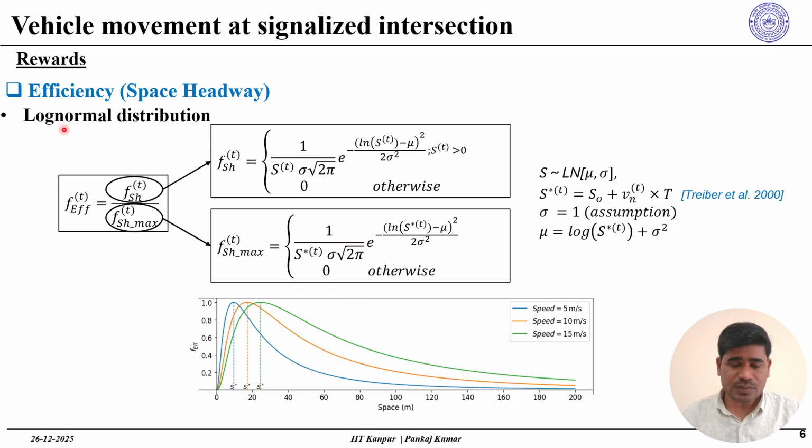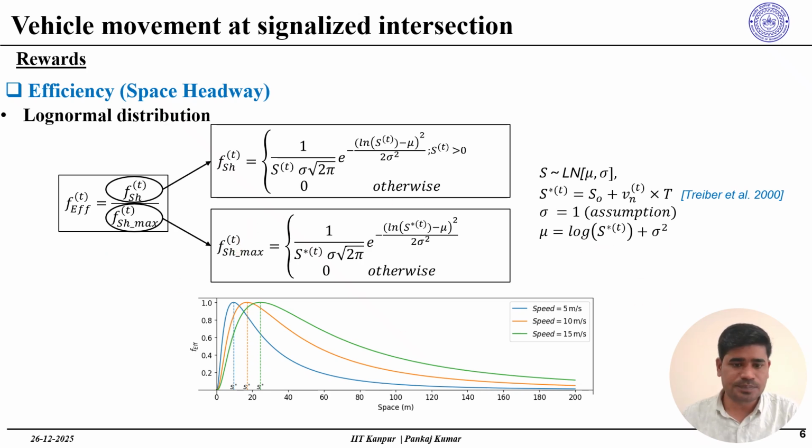First, the reward function for space headway, which I have modeled based on the log-normal distribution. Our main objective is that when following the leader vehicle, if the space headway equals the desired space headway, it gets the maximum reward; otherwise it gets the minimum reward. In this way we have modeled the reward function for efficiency.